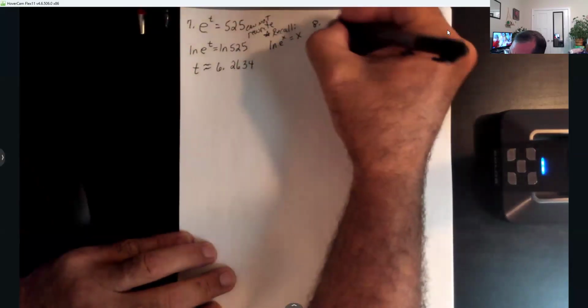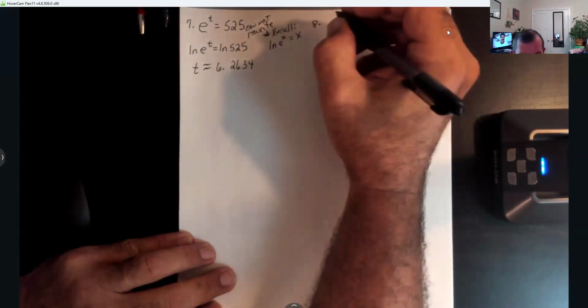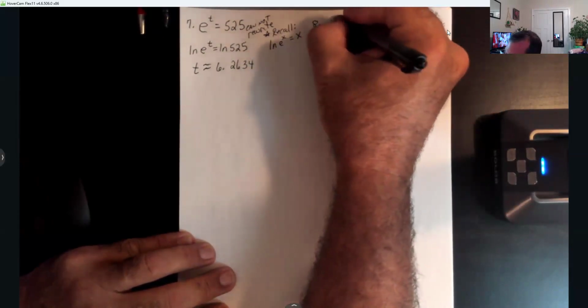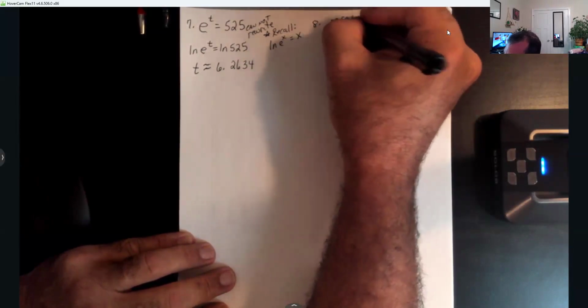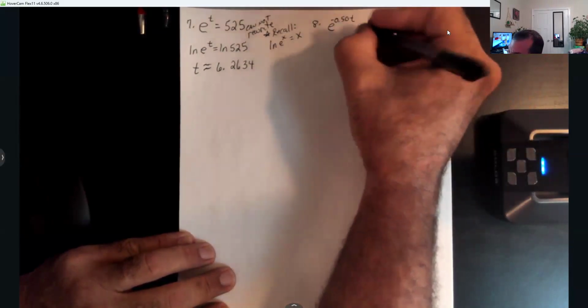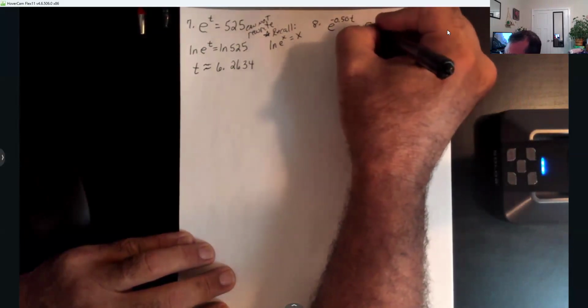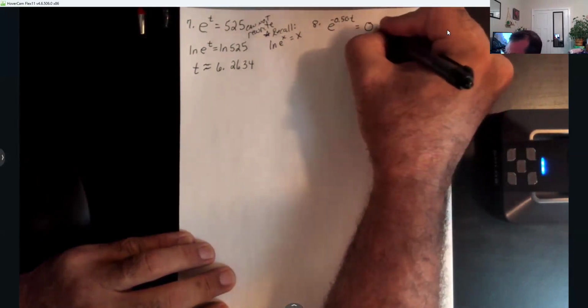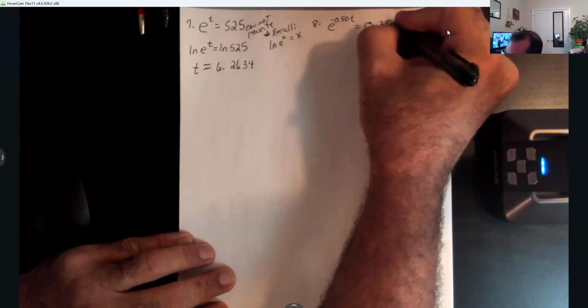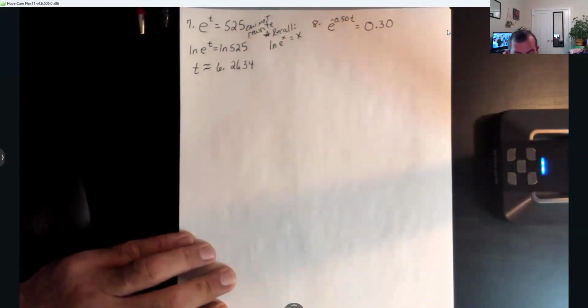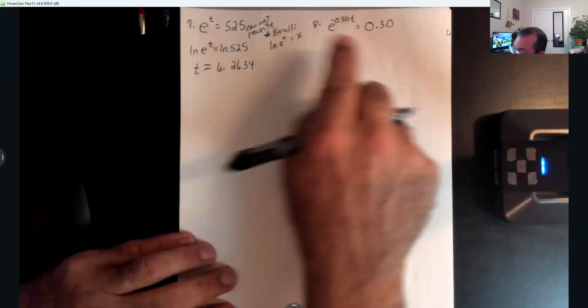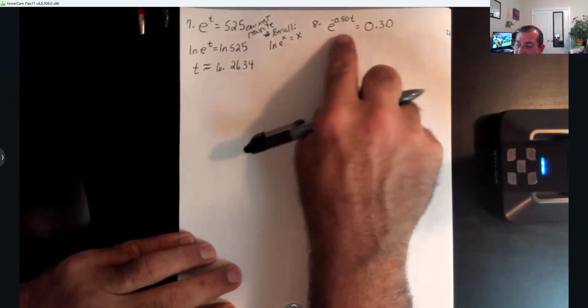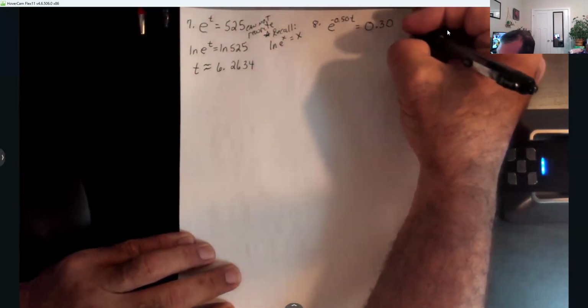So y'all, how about this? e to the negative 0.50t is going to equal 0.30. Well, guess what? I'm not going to try to rewrite that one, so I cannot rewrite.